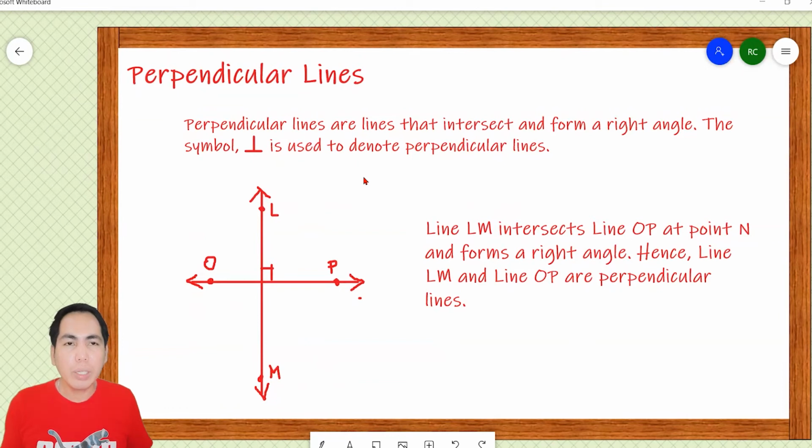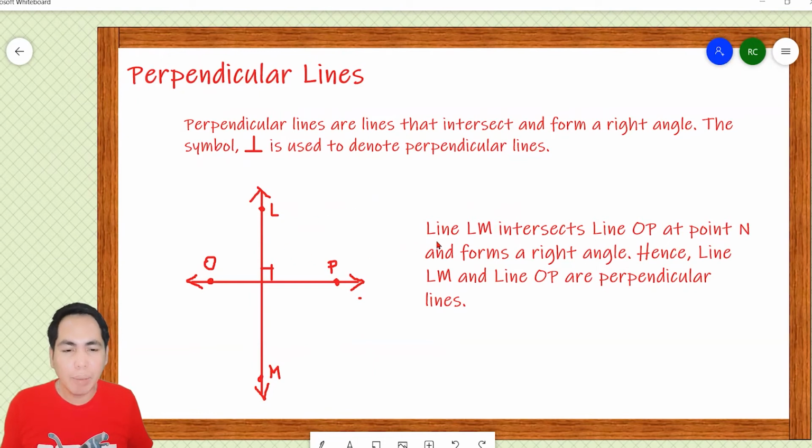So in other words, perpendicular lines are a special kind of intersecting lines. But unlike other intersecting lines, perpendicular lines form a right angle at the point of intersection.